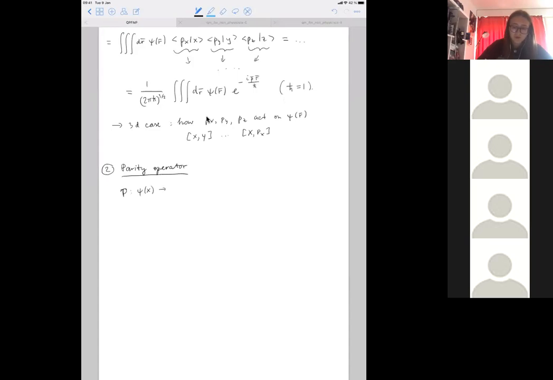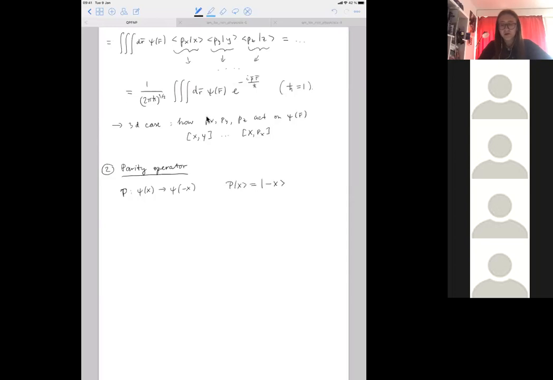It turns psi of x to psi of minus x. And correspondingly, it acts on the ket, on the state x, as it brings it to the state minus x.